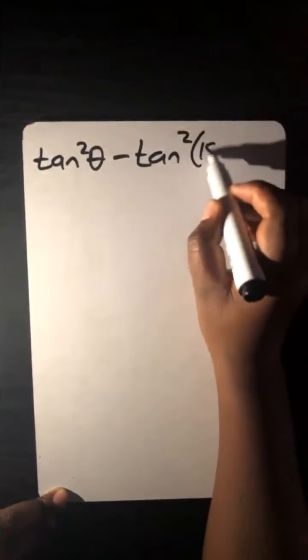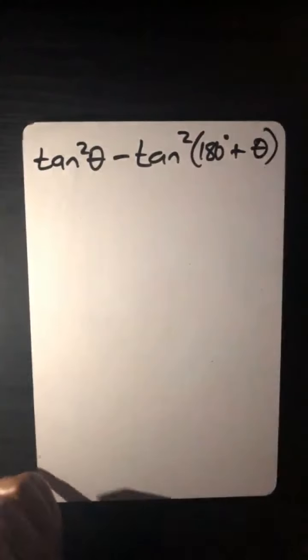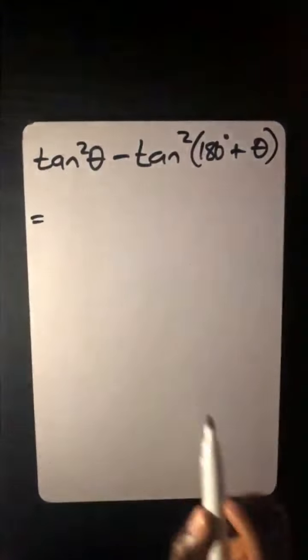So the next one is tan squared angle minus tan squared of 180 degrees plus an angle over there. What is this, guys?